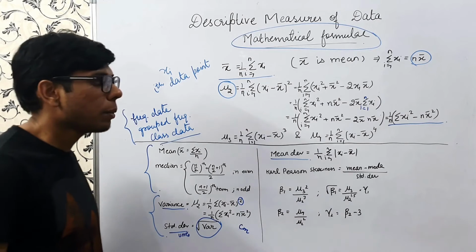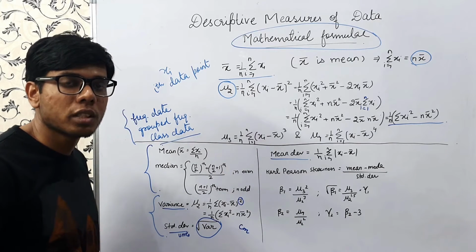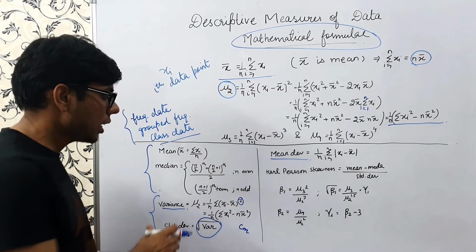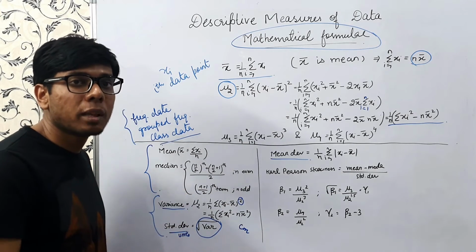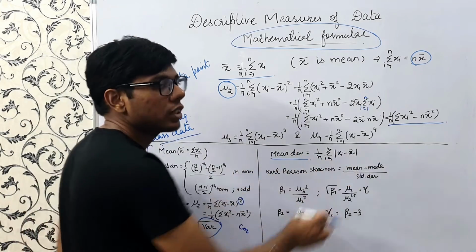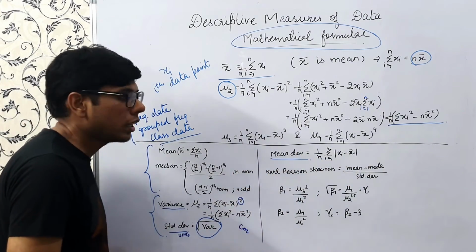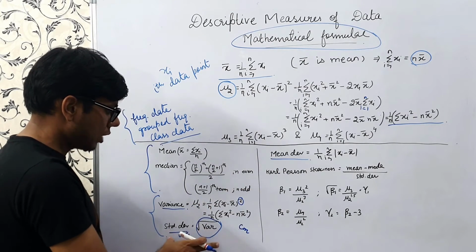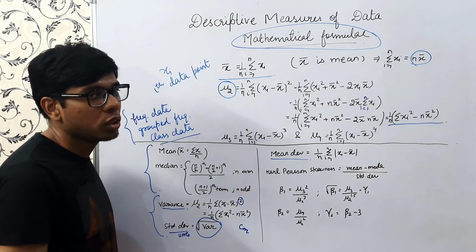It has a lot of mathematical properties: it's continuous, it's differentiable, and more, which makes detailed mathematical analysis easier. But mean deviation is not differentiable, so it's quite difficult to analyze some things with respect to mean deviation. Hence, standard deviation or variance is majorly used.